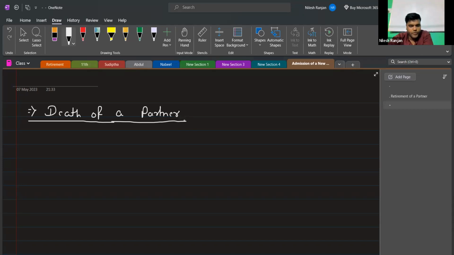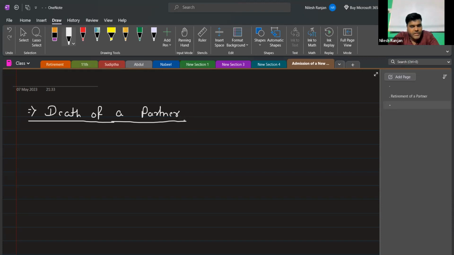You can plan your retirement, that you will retire on 1st of April or 31st of March or 31st December. You can plan the retirement, but death cannot be planned. A person can die at any time.